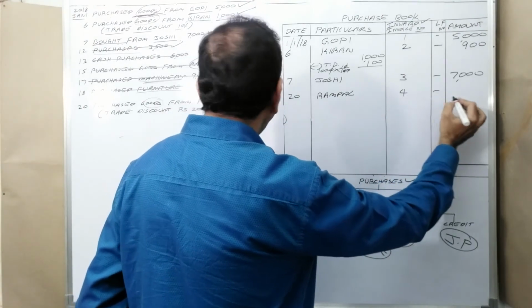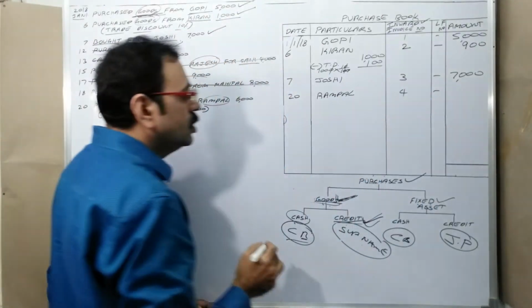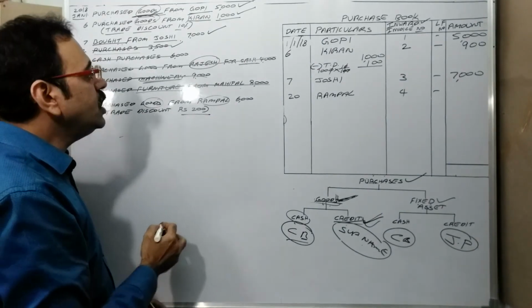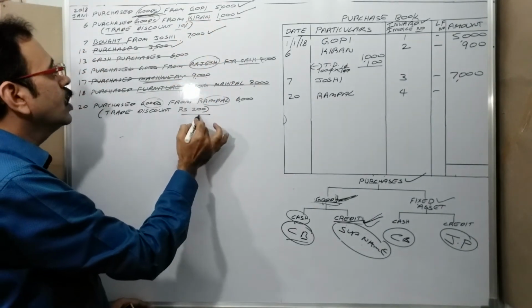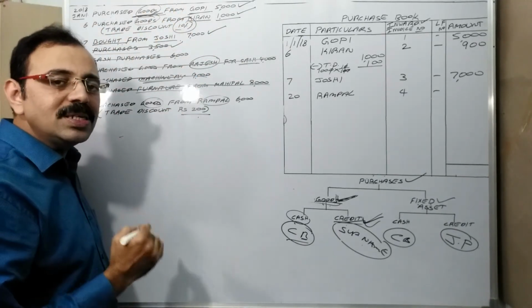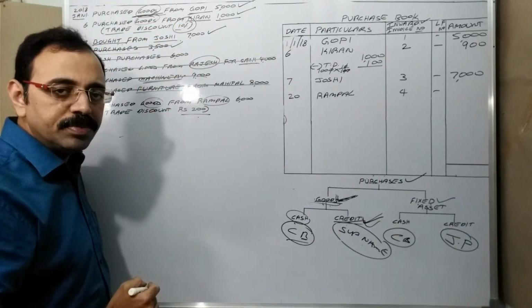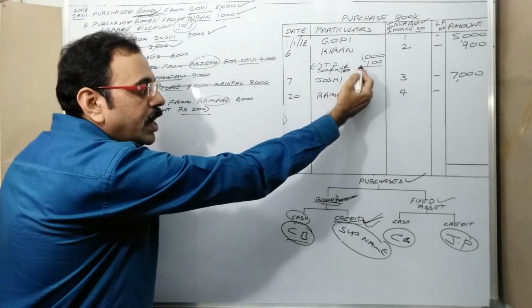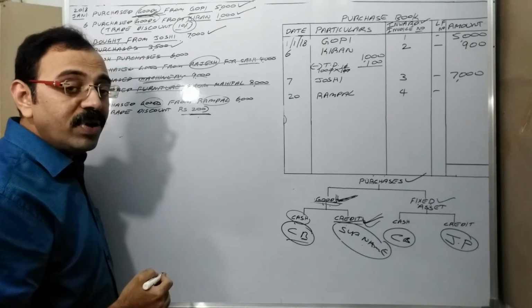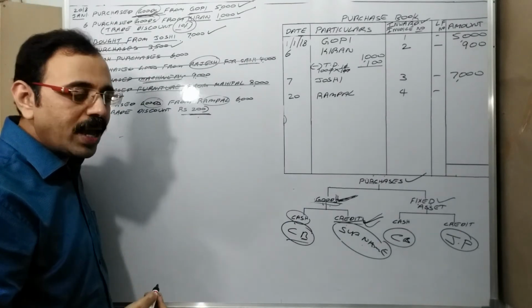Invoice number 4 and amount. See, here also trade discount is given. But observe the difference between these two. On the 6th date, trade discount is given in percentage form, 10%. So we calculated and we wrote. But here trade discount is given directly. We need not calculate.